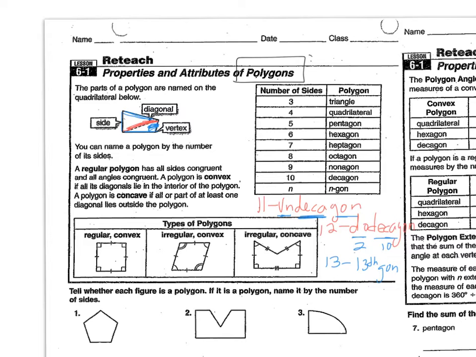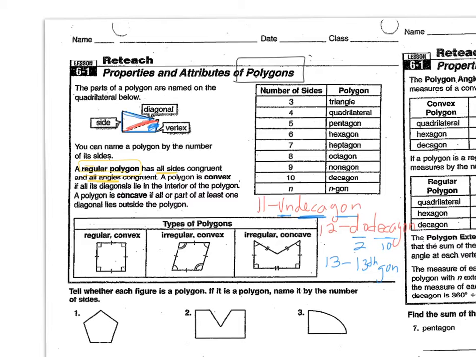A regular polygon is that polygon that has all the sides congruent, but also all the angles congruent. So all sides congruent and all the angles congruent.